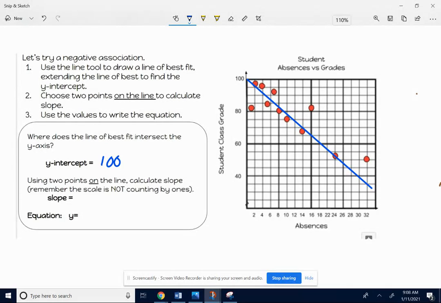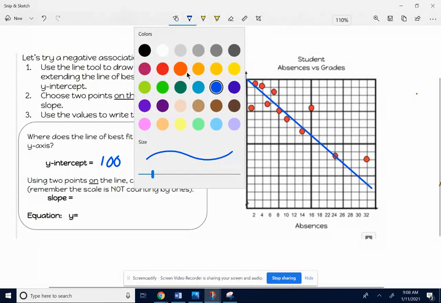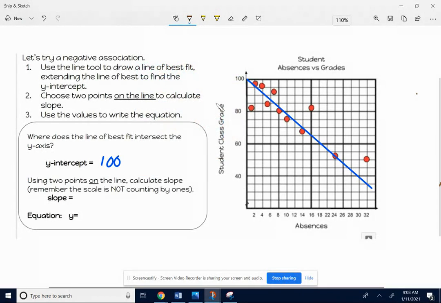Now find the slope using two corner points. This is not always easy to do, and sometimes things are just close enough. I think this point right here is pretty close to being a corner.